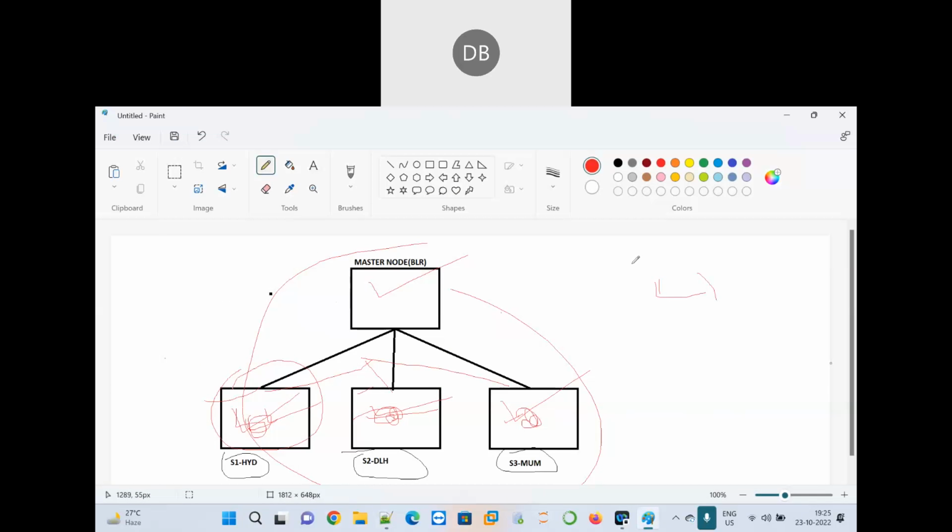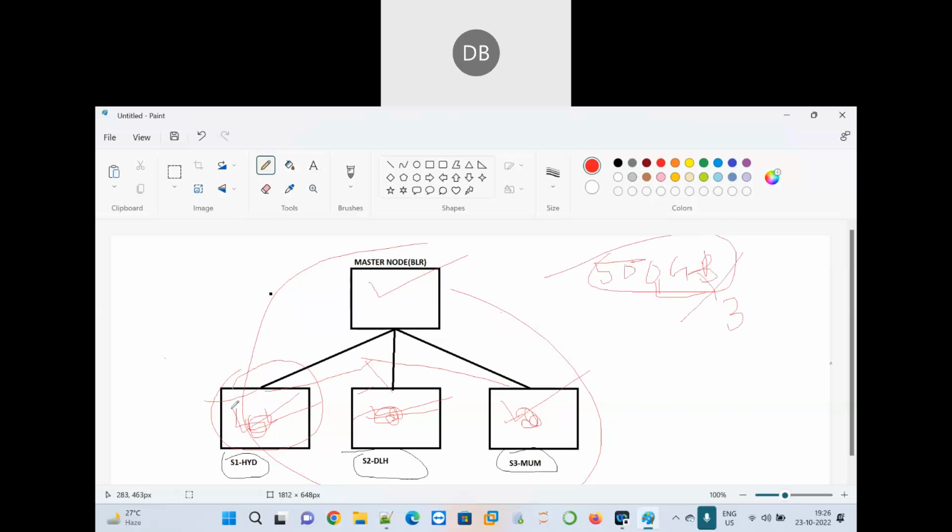Suppose I have a 500 GB data set that I want to store. I divide the 500 GB across 3 nodes.